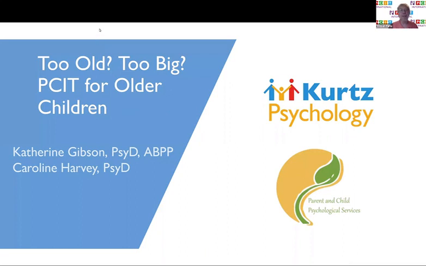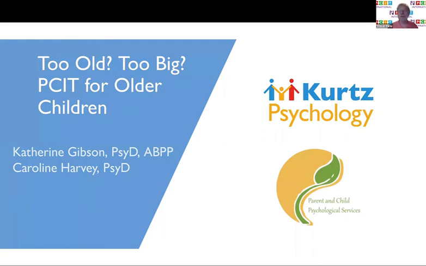And I am so lucky that today's presentation is given by two of the folks that I get to work with every day. Kate Gibson, who is a board certified psychologist with us, and Caroline Harvey, psychologist on our team as well. They have developed a passion for this work. Many of you know that PCIT was intended originally for kids 2 to 7.